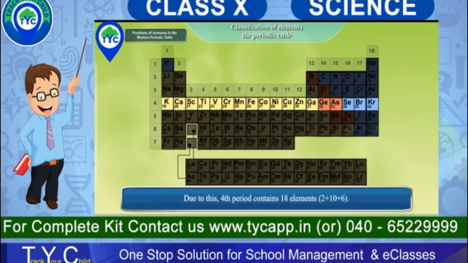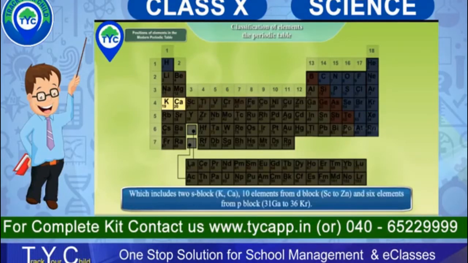Due to this, the fourth period contains 18 elements, that is 2 plus 10 plus 6, which includes 2 s block elements, that is K, Ca, 10 elements from d block, that is Sc to Zn, and 6 elements from p block, that is 31Ga to 36Kr.